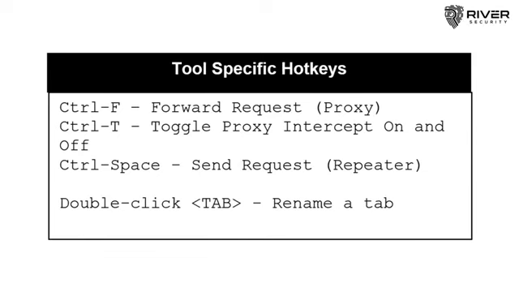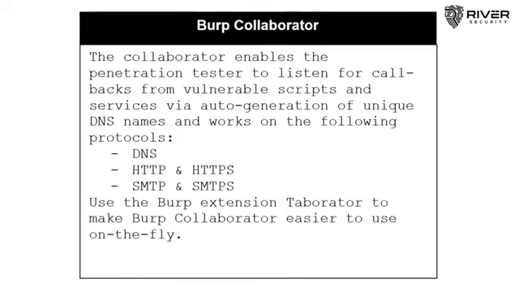Within Burp Suite, we also have something called the Burp Collaborator. This is a professional feature, but what the Burp Collaborator is, it's essentially a way for the penetration tester to listen for callbacks. A callback, meaning some kind of external service interaction from the web application. So maybe you are able to force a web application to make a DNS lookup.